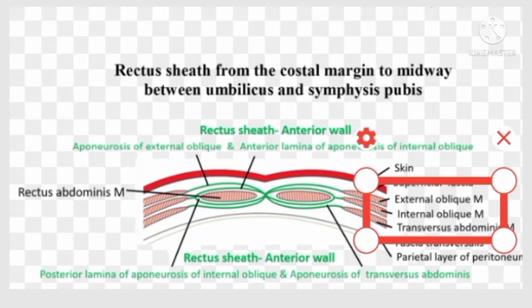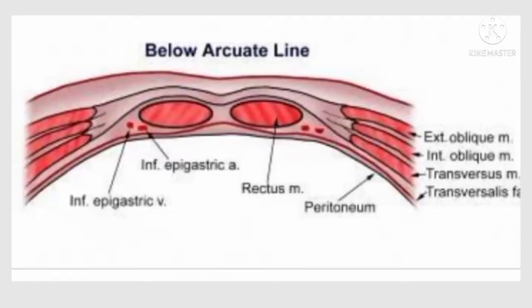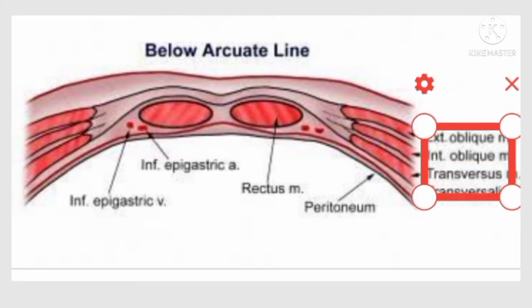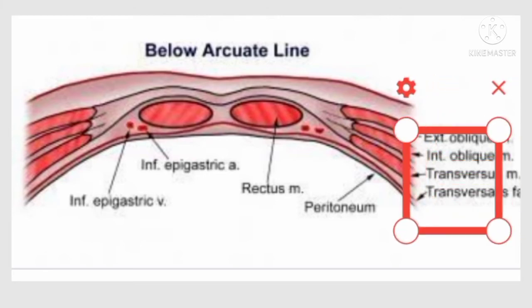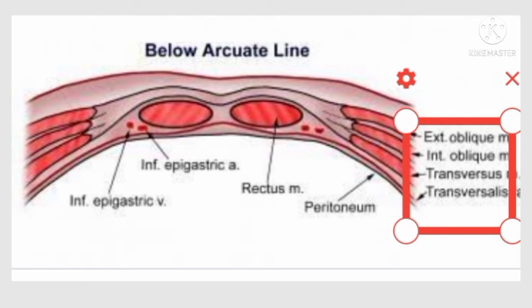And now we will discuss the formation of the rectus sheath below the arcuate line. The anterior wall of the rectus sheath below the arcuate line is formed by the aponeuroses of all three flat muscles, that is the external oblique, internal oblique and transversus abdominis muscles.